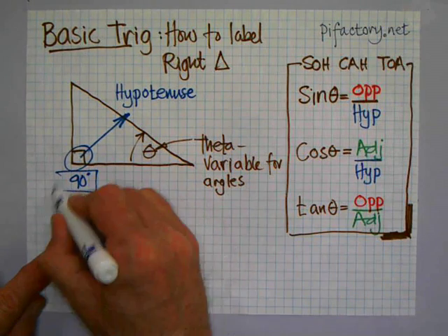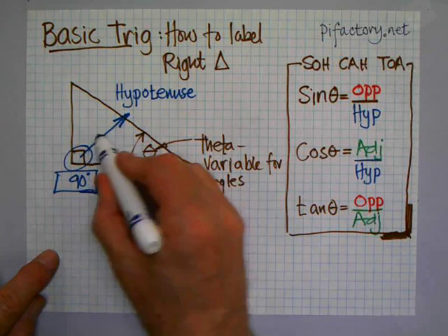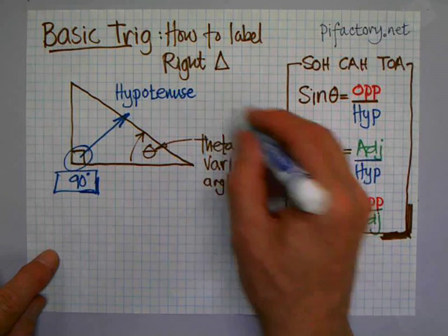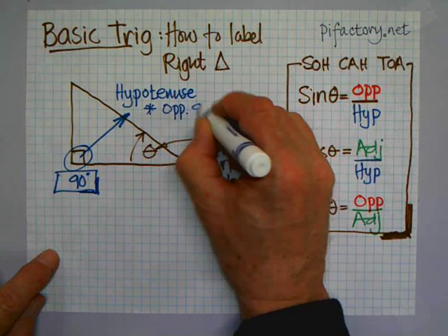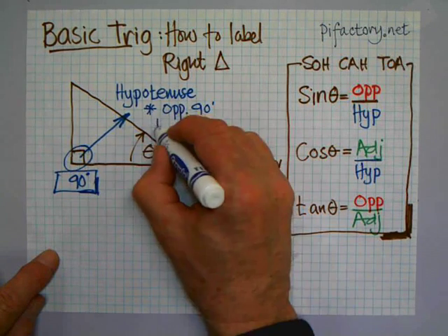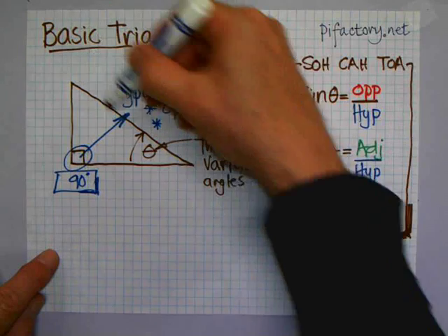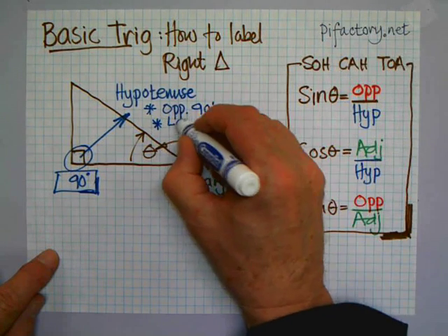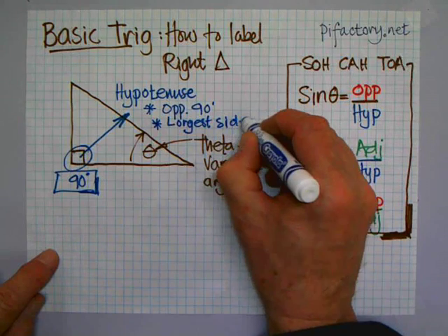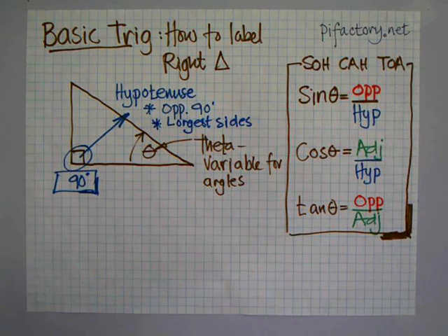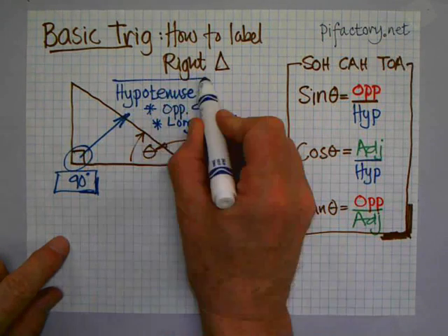This is 90 degrees. So the hypotenuse is opposite the right angle. It's also easy to see the longest of the sides. So the hypotenuse is fairly straightforward to see.